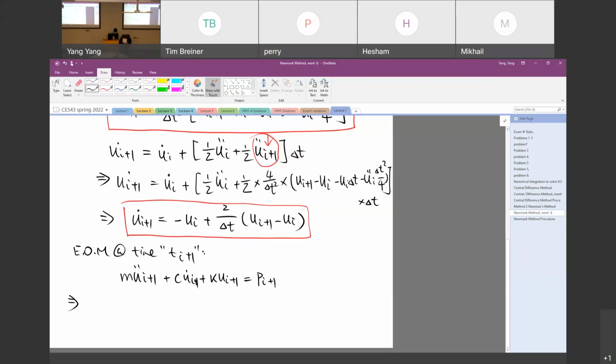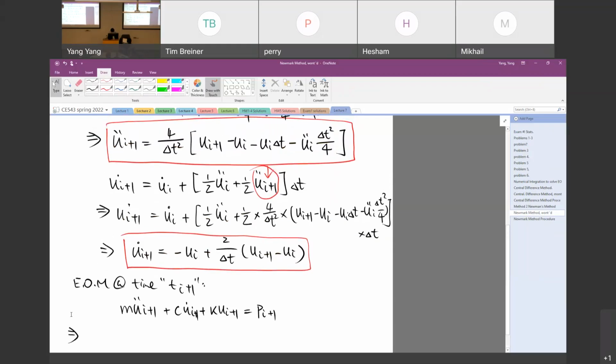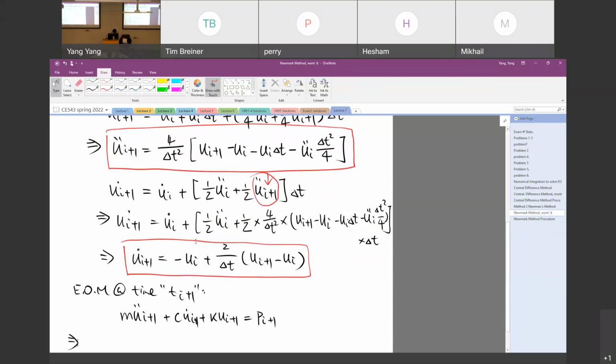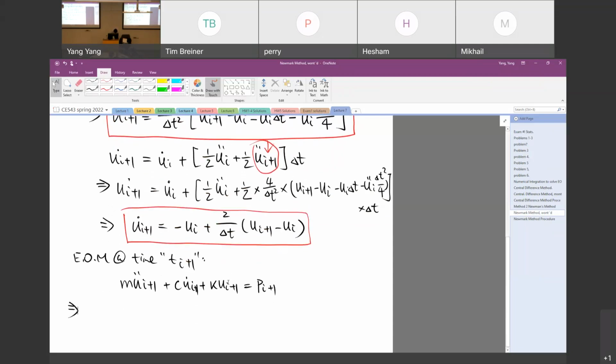So we have already expressed the acceleration in that. So we will have the four times delta t squared.